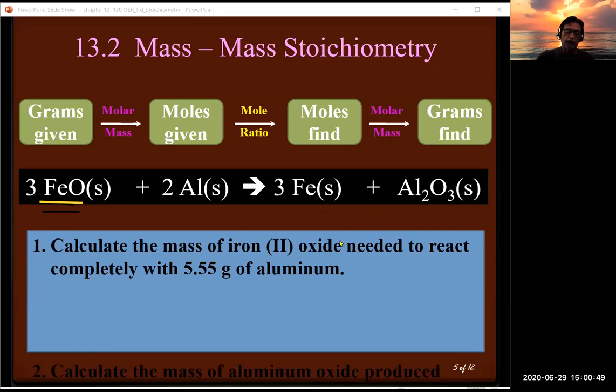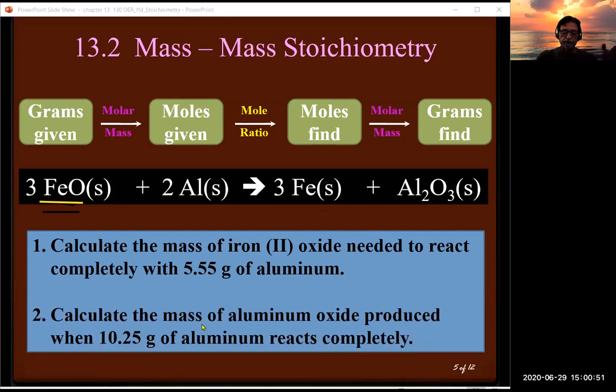Okay. The second question is calculate the mass of aluminum oxide produced if 10.25 grams of aluminum reacted completely. So in here, we're looking at, excuse me, the other way around.